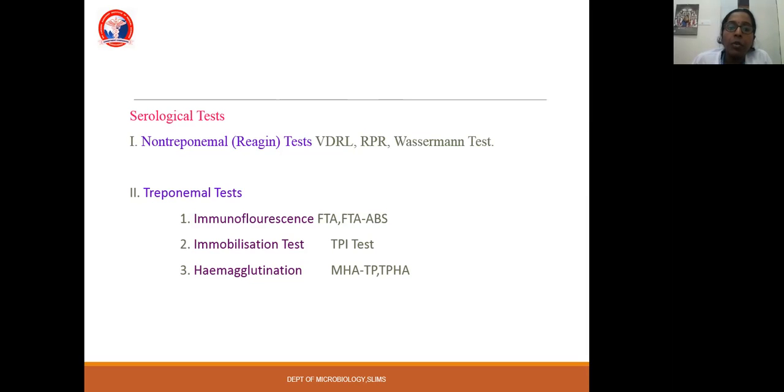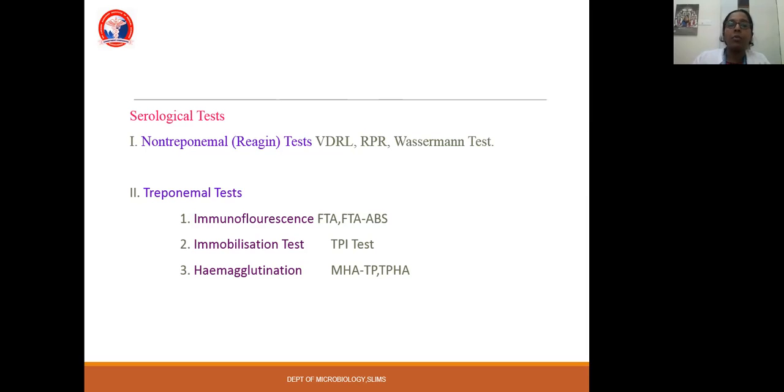Then we have the fluorescent Treponema pallidum antibody absorption test. In the immobilization test we need live Treponema, whereas here Treponema pallidum need not be live.